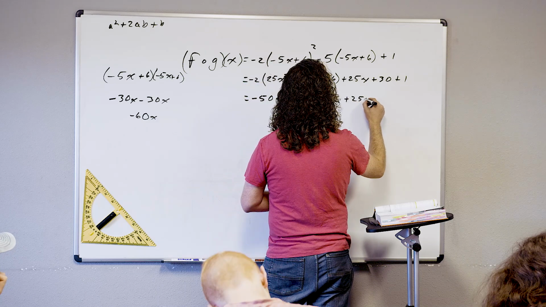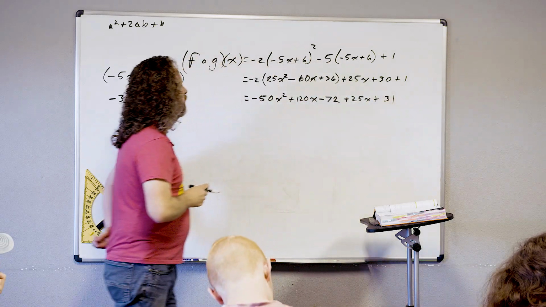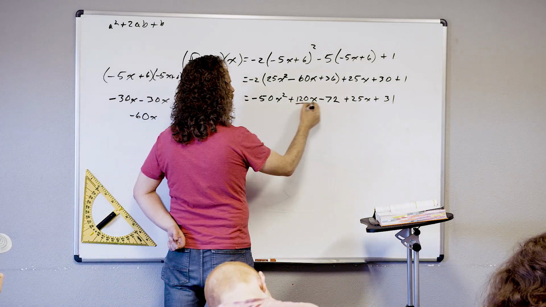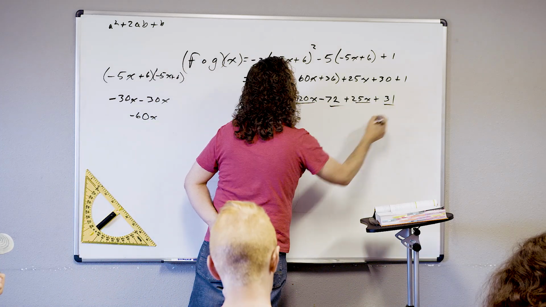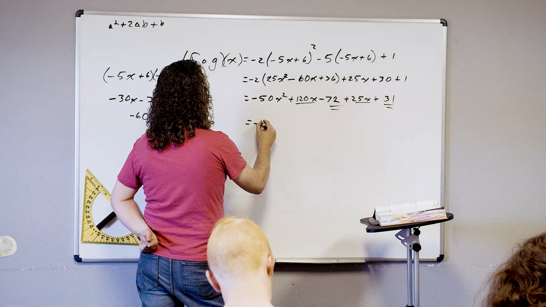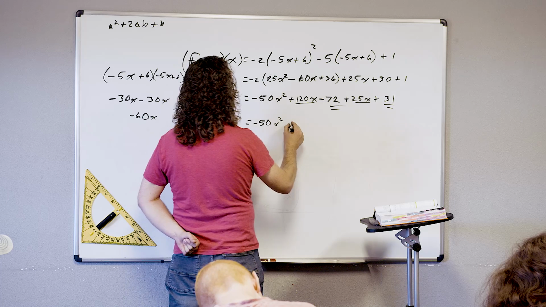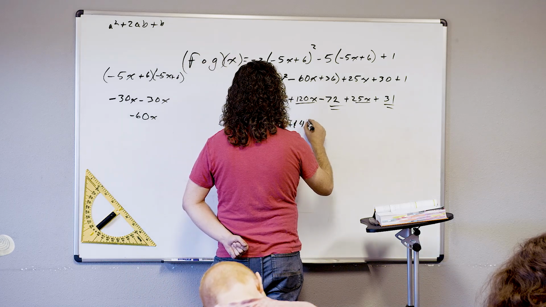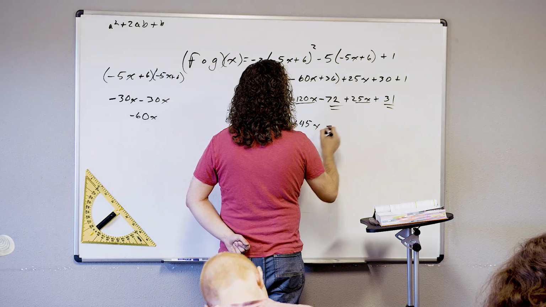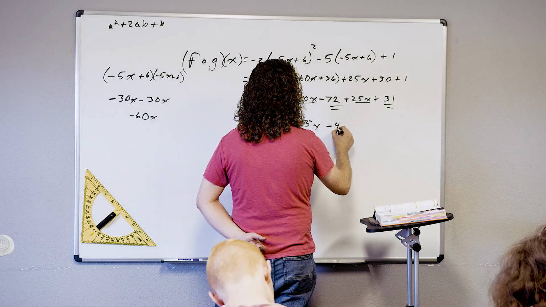Plus 25x. We'll go ahead and combine those to plus 31. All sounds accurate. I am going to underline what we're doing. So for my brain, this one doesn't have a friend. Negative 50x squared plus 145x minus 41. Does that sound accurate?